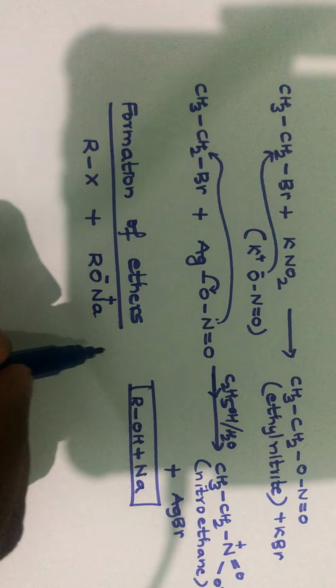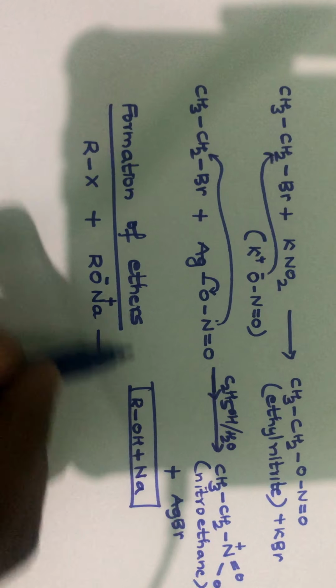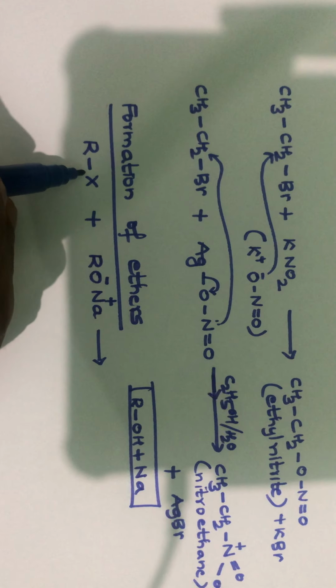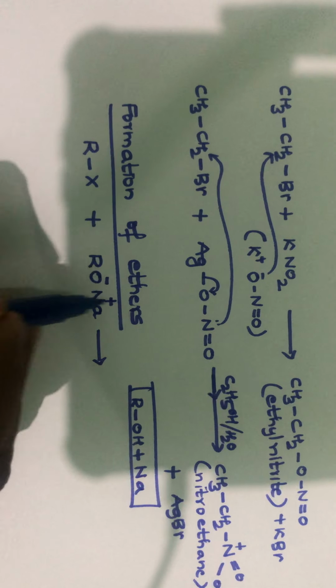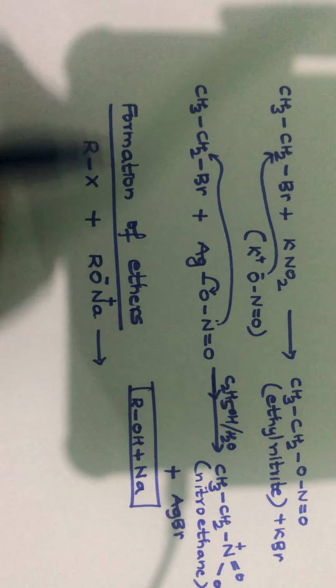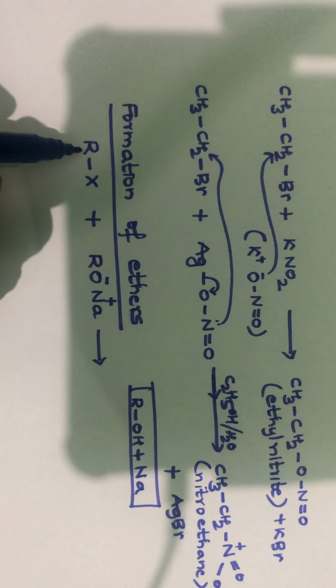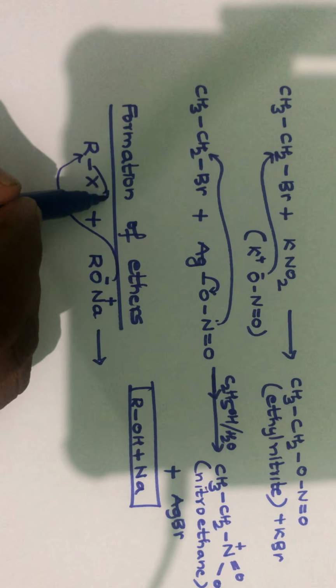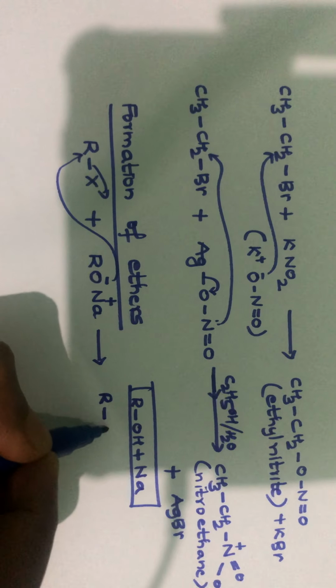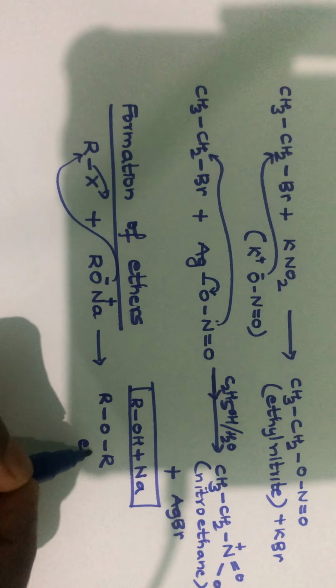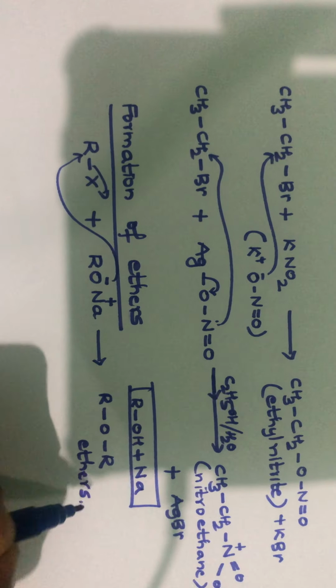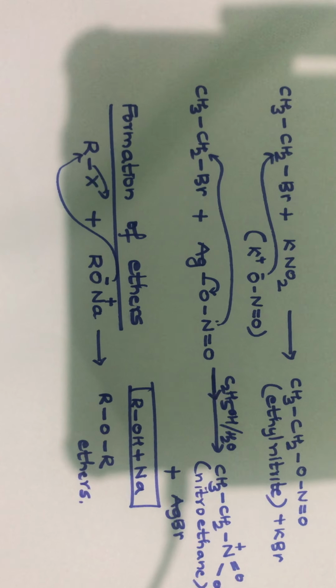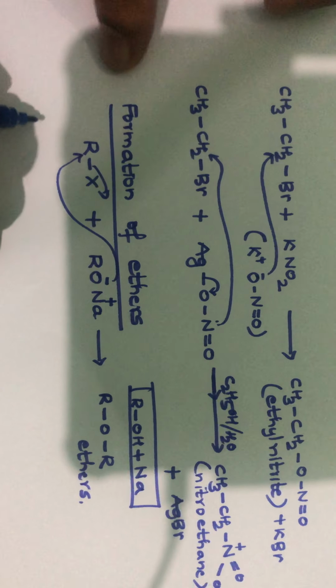Now, when an alkyl halide is treated with sodium alkoxide, this O minus attacks this R and this goes off. ROR, what we get is ethers. I'll take just an example.